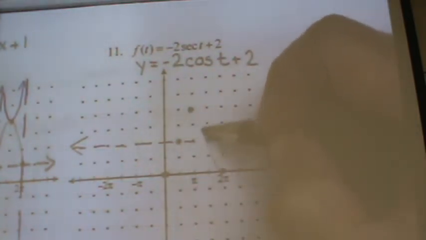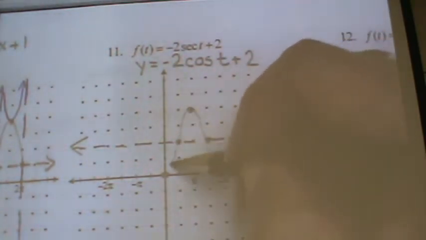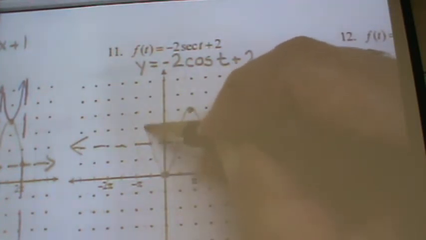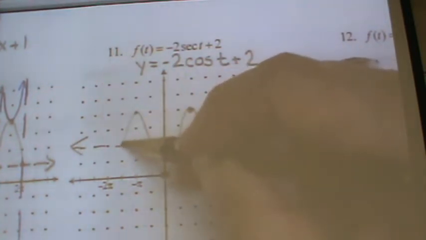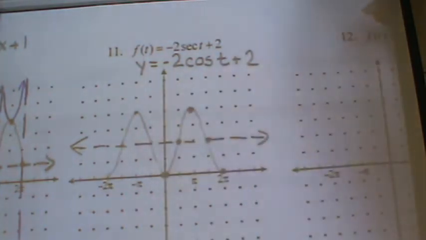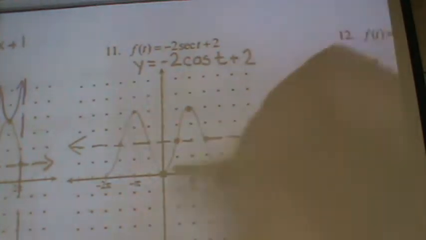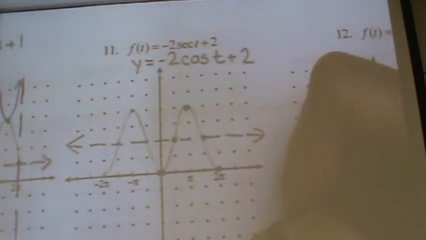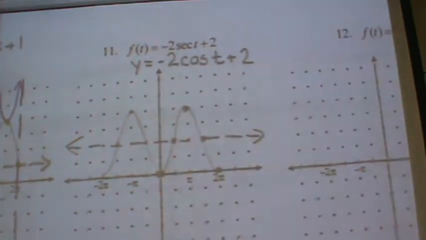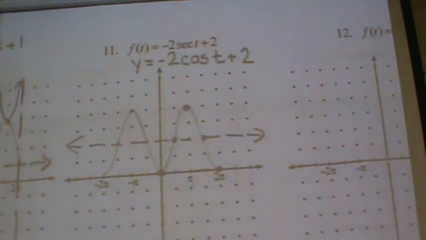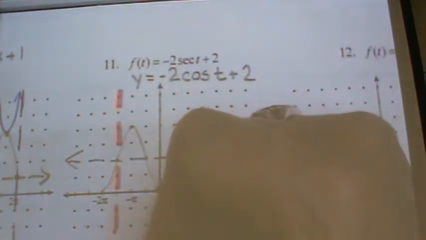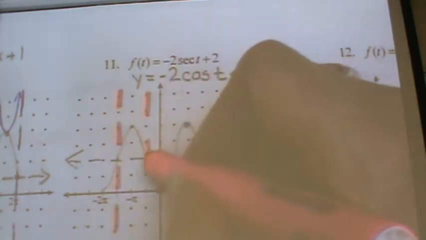So what you have here looks like a bell. Is that your answer? No, that's not your answer. What's your answer? Some people like to do different colors, make it fancy.